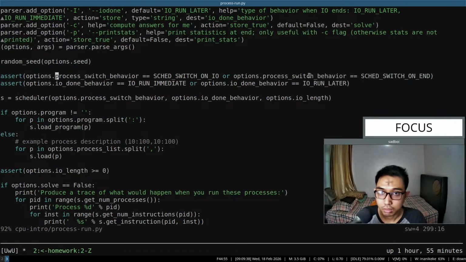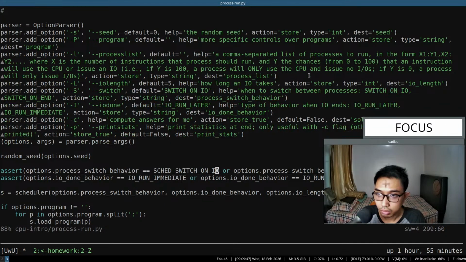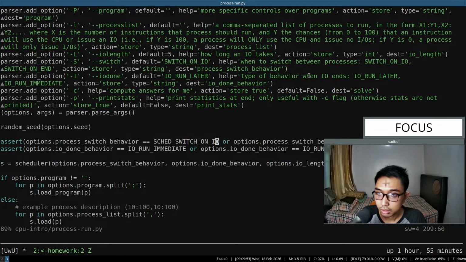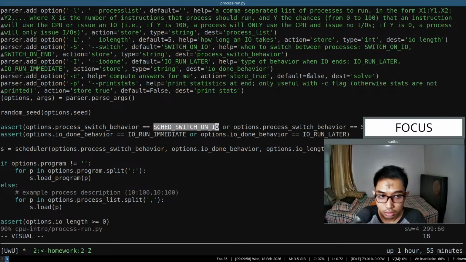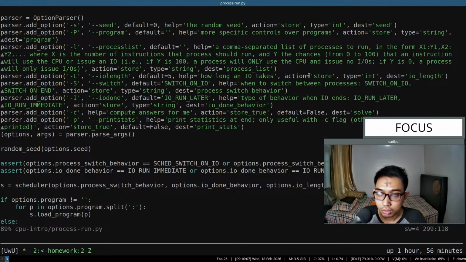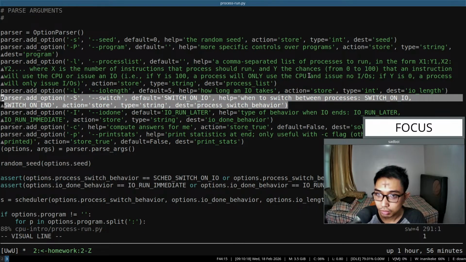Okay, switch on IO or switch on end. I am still not sure what is the difference, like what switch on IO does and switch on end does. You know, the policy, or what is it called? Yeah, the policy maybe. Okay, so we can change that.